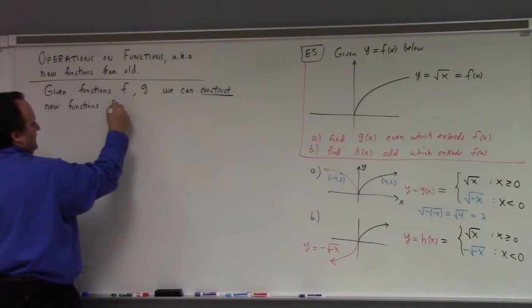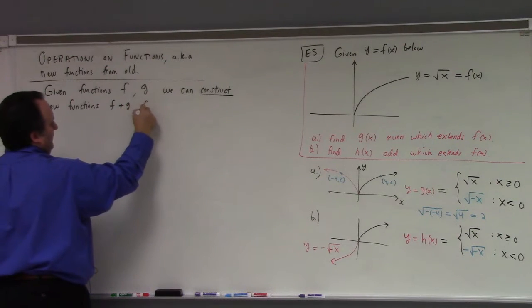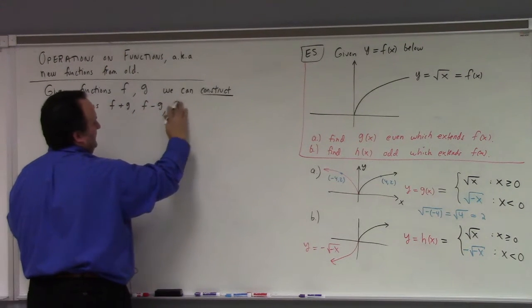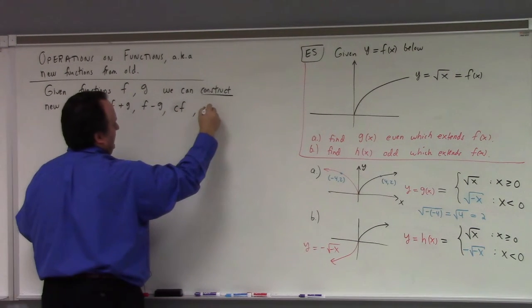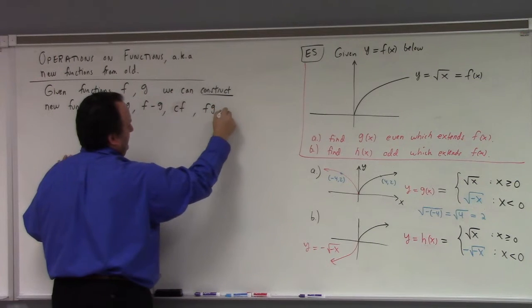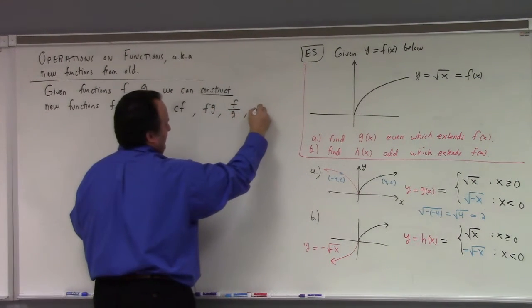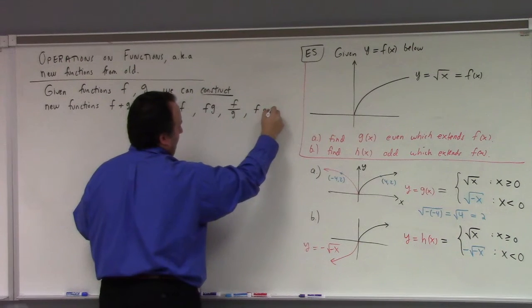Let's say f plus g, f minus g, c times a function, where c is a number, cf, f times g, f over g, and last but certainly not least, f composed with g.